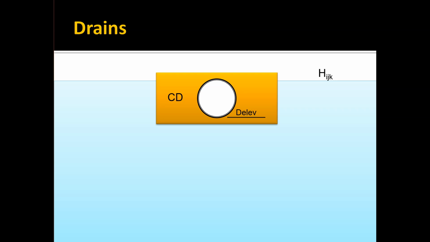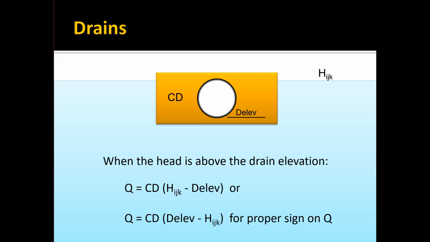And so when the head is above the drain elevation, as shown in this diagram, the flow rate from the aquifer to the drain is the conductance times the head difference. And actually, to do the head difference, we use the drain elevation minus the head.